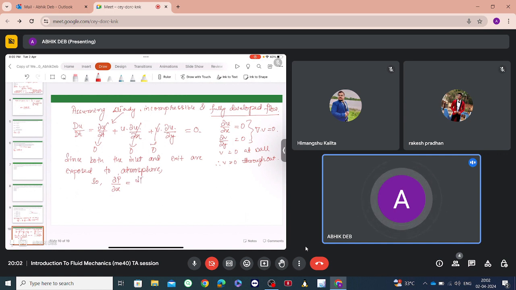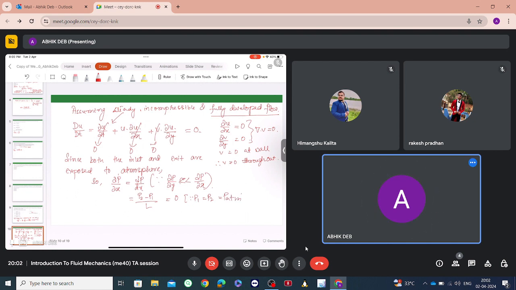Actually this becomes dp by dx, since del p by del y is very much less than del p by del x. This we get from the order of magnitude analysis, which we are not doing here. This is dp by dx, that is p2 minus p1 by whatever be the length. So this is 0, since p1 is equal to p2 is equal to p atmosphere.